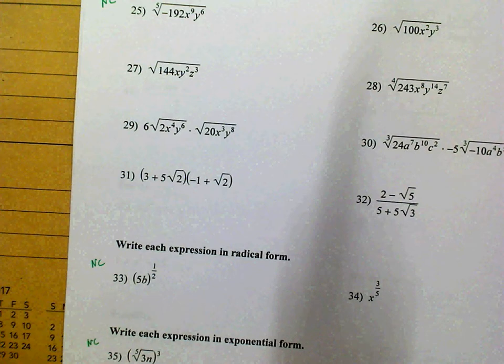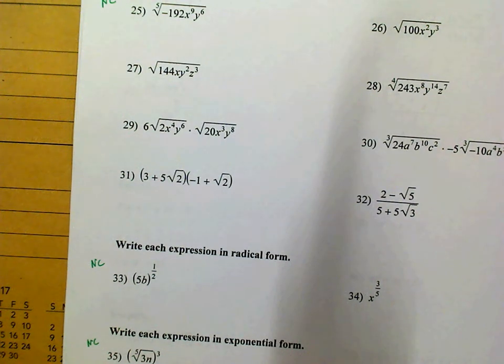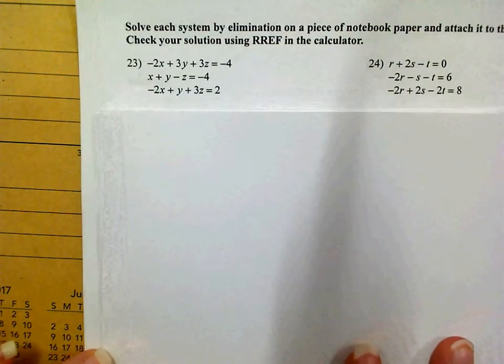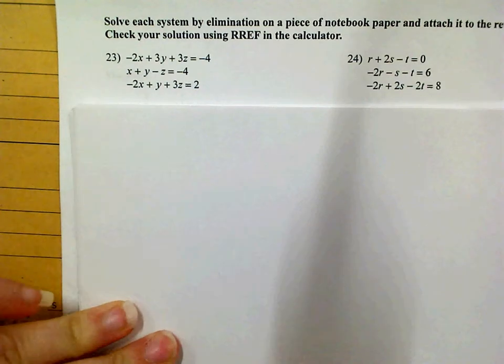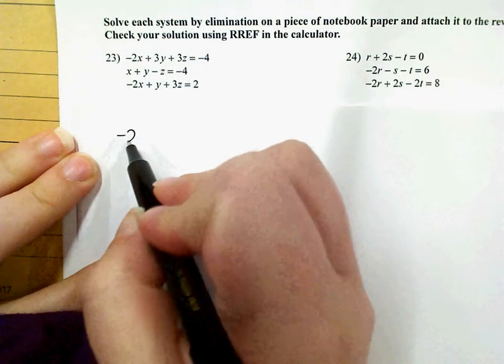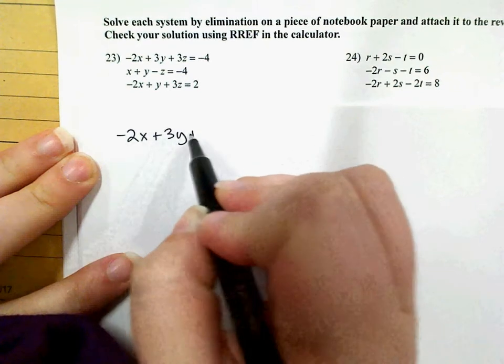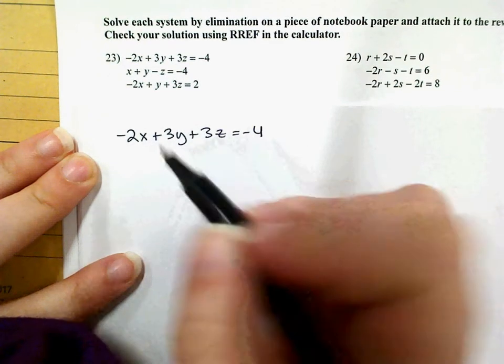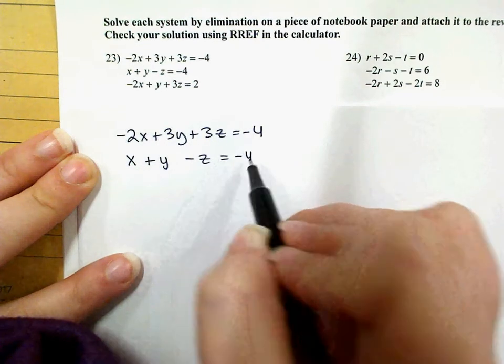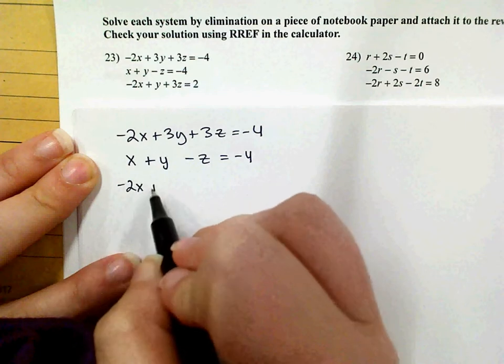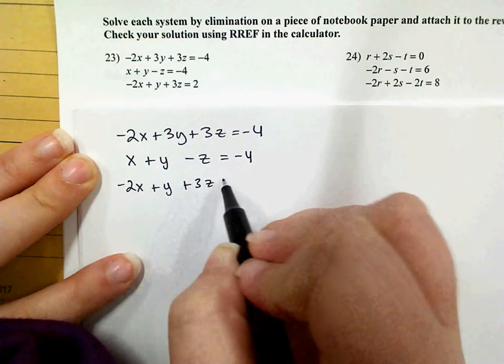Okay, so for this first one, 23, I've got negative 2x plus 3y plus 3z equals negative 4. x plus y minus z equals negative 4. And negative 2x plus y plus 3z equals 2.